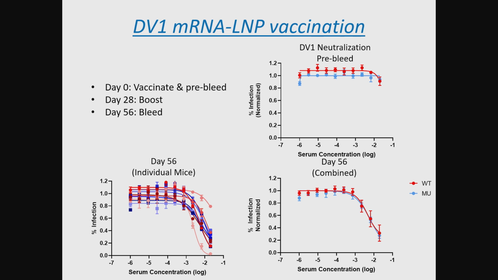But then by day 56, on the bottom right, in the combined data, both the wild type and the mutant vaccinated mice can neutralize dengue 1. Dengue 1 is the construct that we used, so it's not surprising that we're seeing neutralization of dengue 1. On the bottom left are the individual mice that were vaccinated.